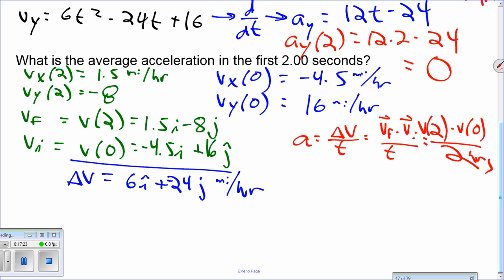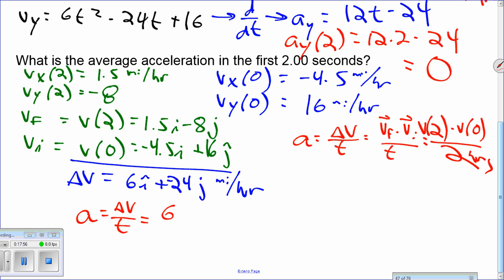Now, what you could have done that is similar to what you're saying, Megan, is you could have found your average acceleration horizontally, found your average acceleration vertically, and then done the Pythagorean theorem. Does that make sense? Everybody good? Okay. So if this is my change in velocity, then we're almost done here. Acceleration is change in velocity over time.